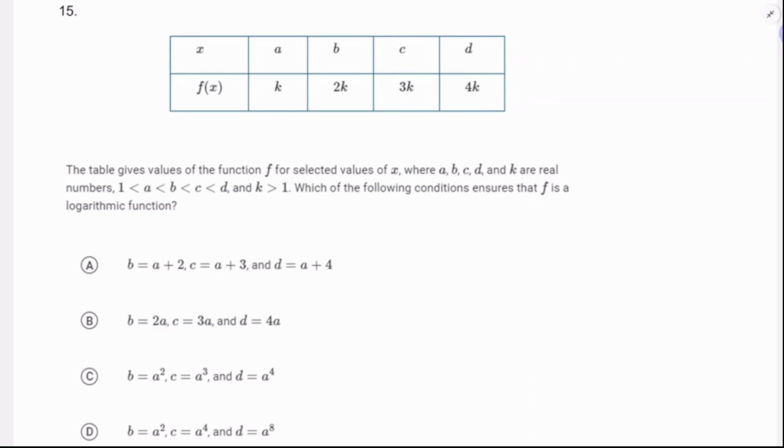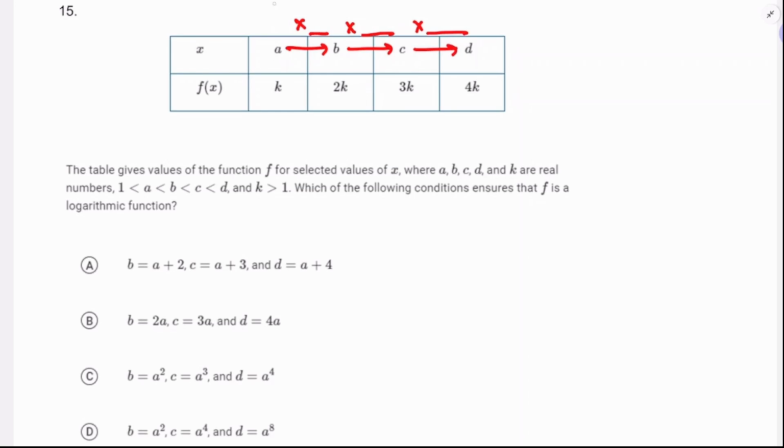Okay, so the outputs, we're just adding k each time. Yeah, we don't see anything of that. So we need a to b and b to c and c to d to be multiplying. So times something, and over here, times that same thing. So we're going to need b equals a squared.